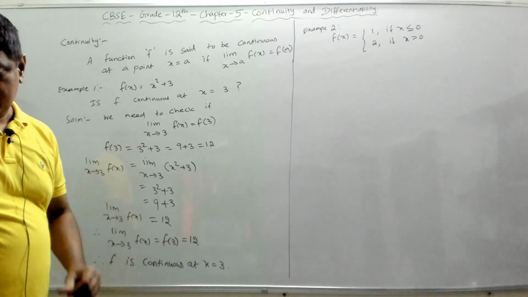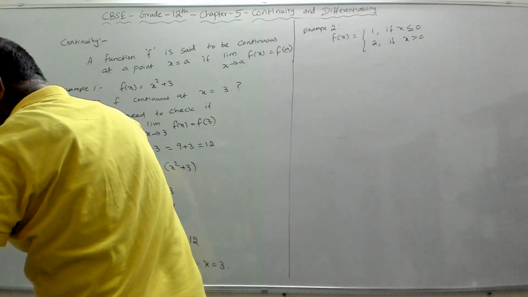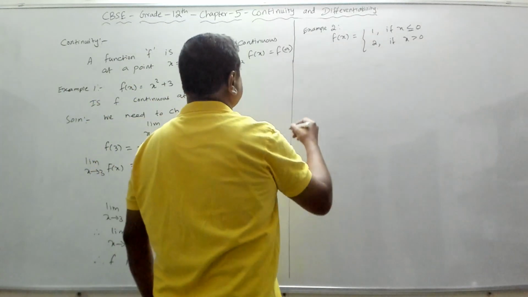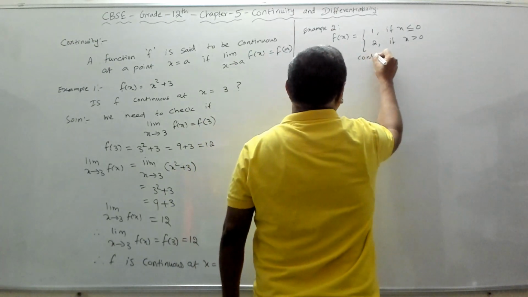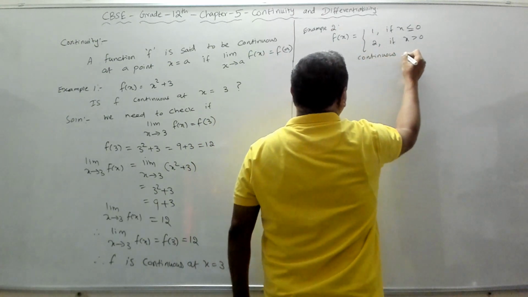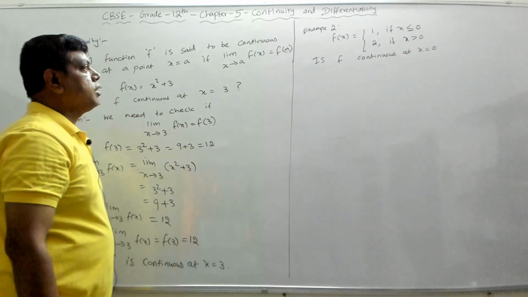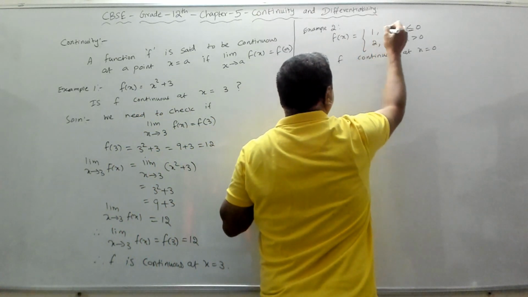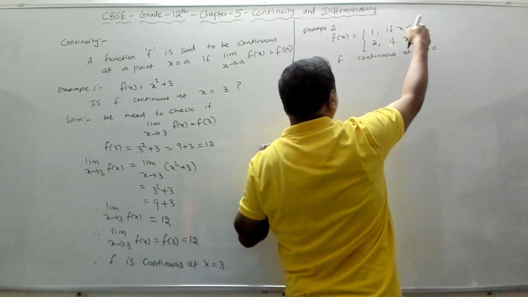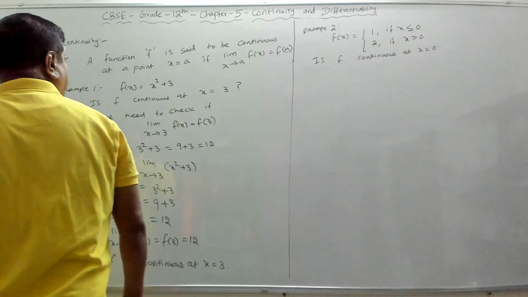Now we must check. The question is, is f continuous at x equal to 0? So what is the definition of f of x? It is 1 if x is less than or equal to 0, and it is 2 if x is greater than 0.